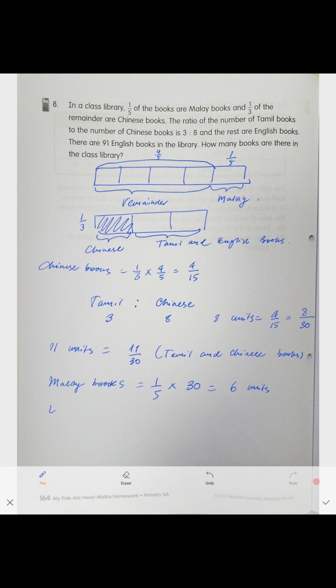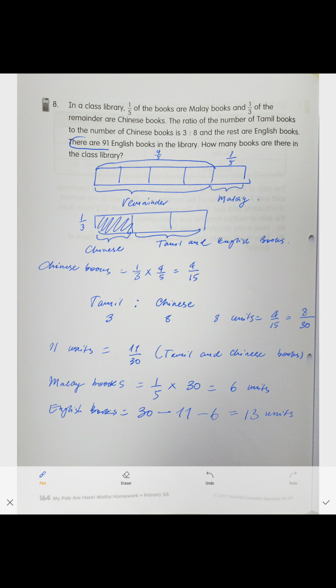We have our English books. The whole thing is 30 units, minus Tamil and Chinese books, which we just found is 11 units, minus Malay books, which is 6 units. So the leftover is 13 units. Those are our English books.